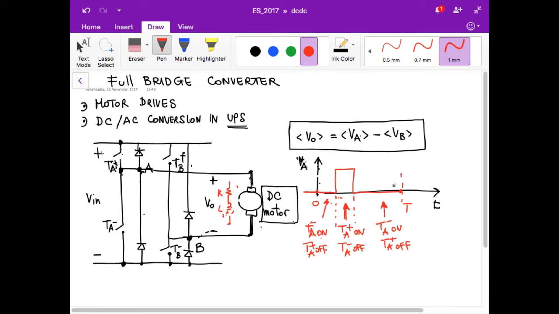Depending on how I control these two switches, I can have a rectangular wave more or less with the shape that I want, and the average value of VA is equal to the duty cycle of TA plus, that I can call DA, times V in. DA is the duty cycle, which is the fraction of the time during which TA plus is on.